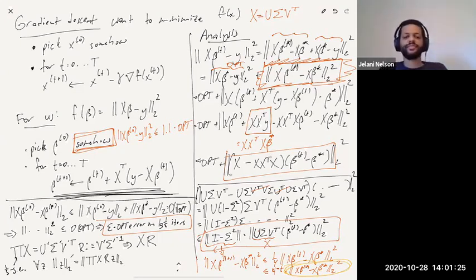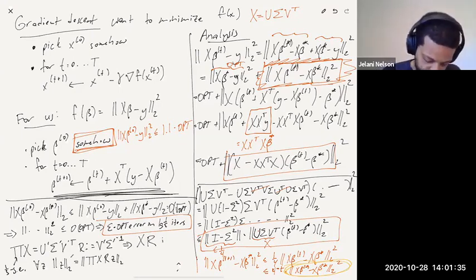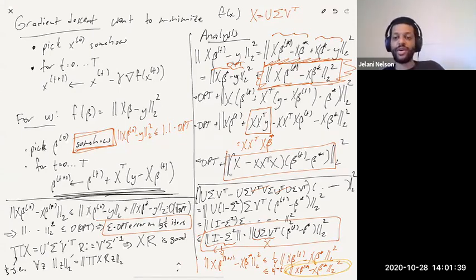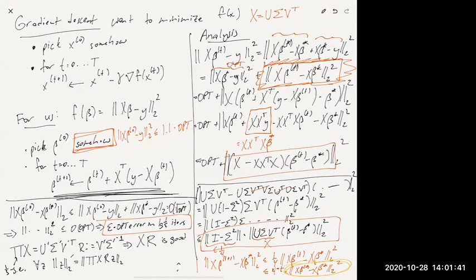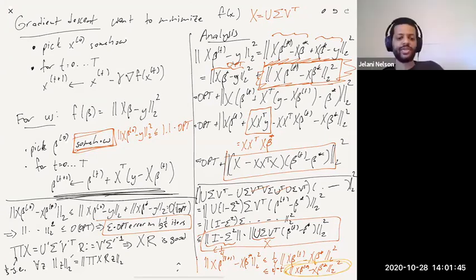Why is this true? It's true because Pi XR looks like it's just U prime. Yeah, exactly, Pi XR has orthonormal columns, so it preserves the norm of any vector.